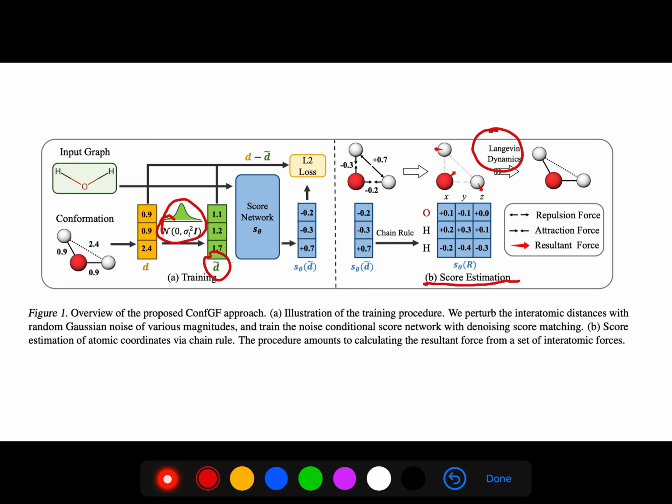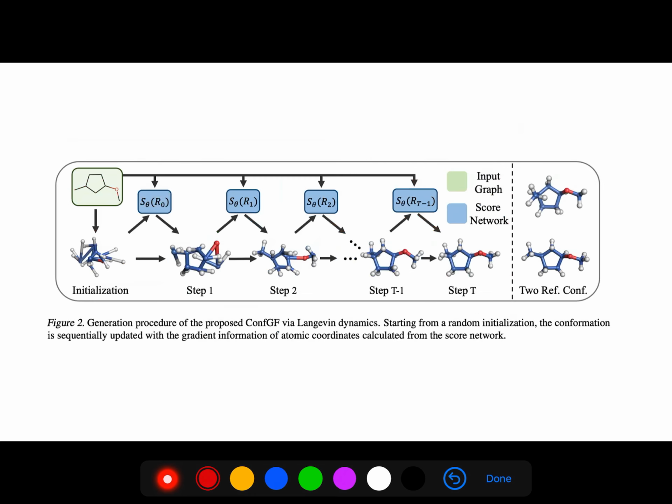For water, H2O, you can see two hydrogens and one oxygen for different X, Y, and Z. You can see the score of R, the score of that. So this is a generation procedure using Langevin dynamics, because you sample, it's a stochastic process until time t.